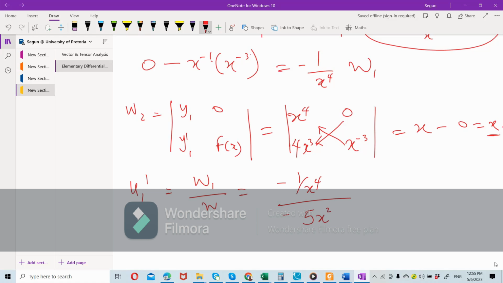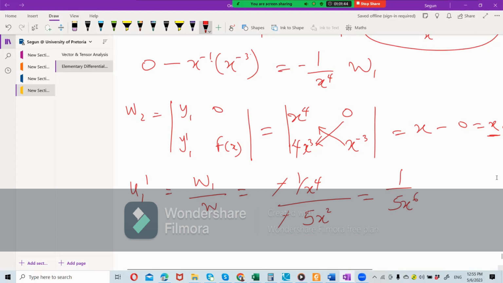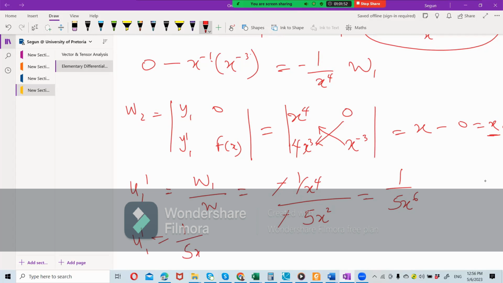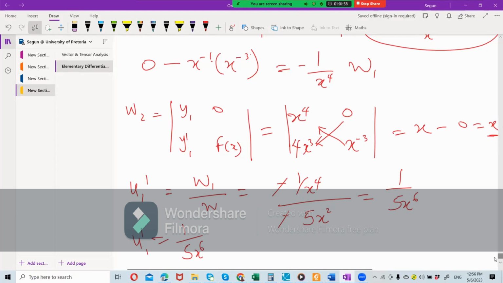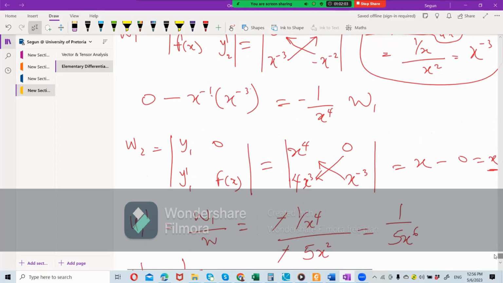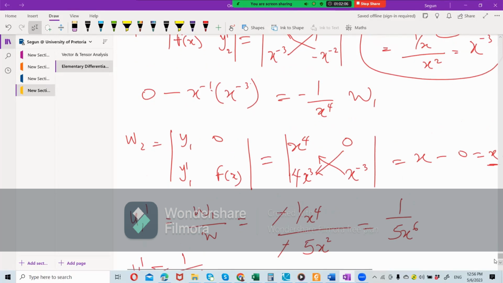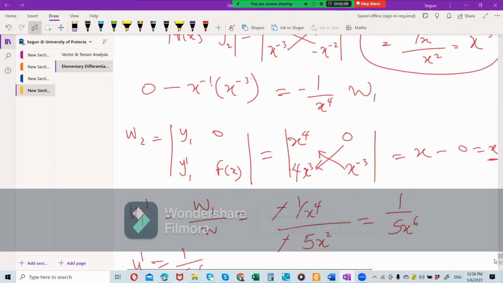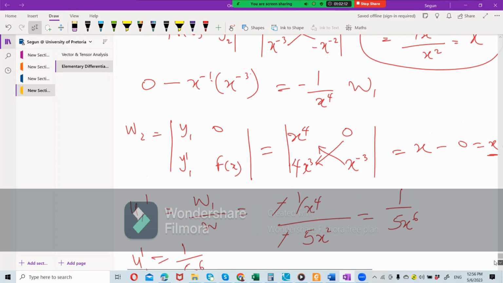Yes, it's minus 5x squared. Cancel minus. So you have 1 all over 5x to the power 6. Remember, we only need u1, but we are given u1 prime to be equal to this, 1 all over 5x raised to the power 6. All you need to do is just to integrate both sides. So what do we have when we integrate both sides?